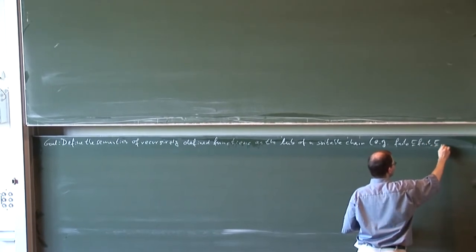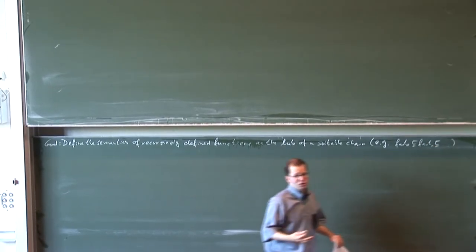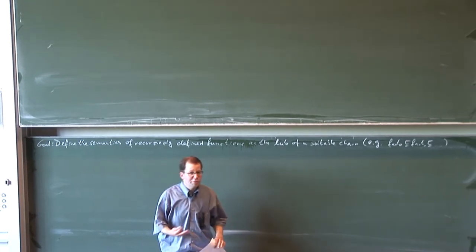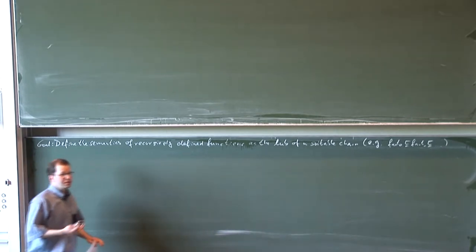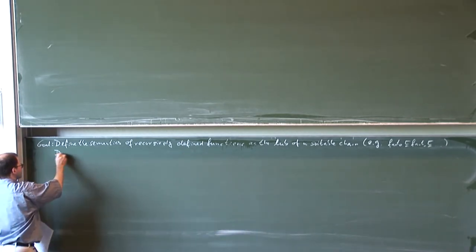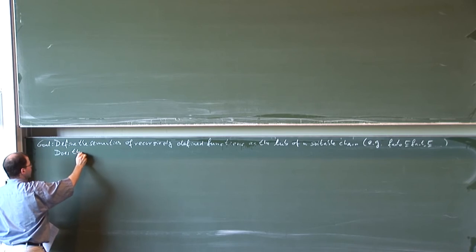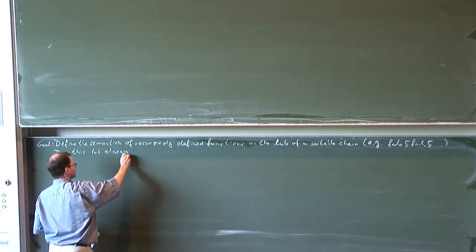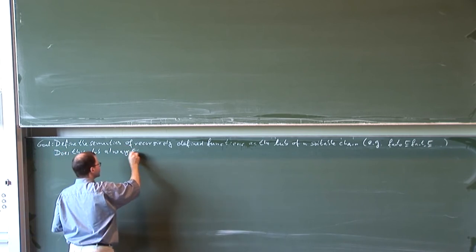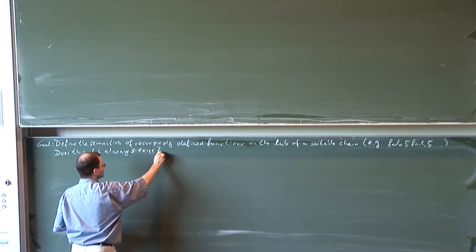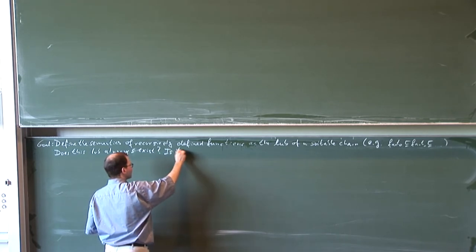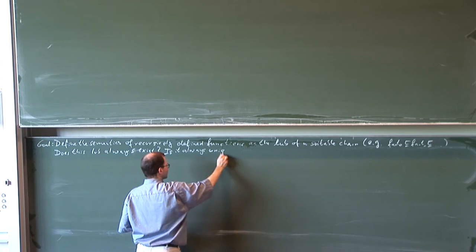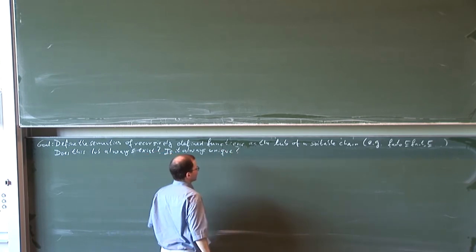So this would be used to define the semantics of a Haskell function which computes the factorial function. And then the question is, does this least upper bound always exist? Is it always unique? And how does it look like?